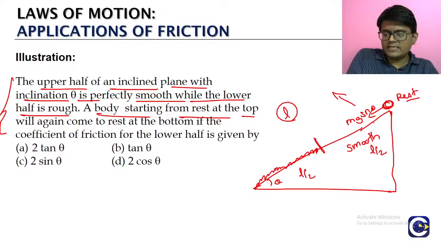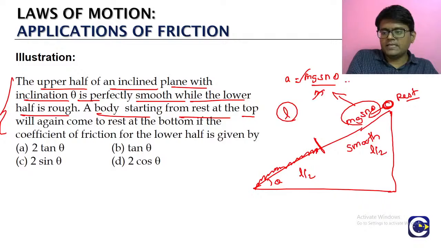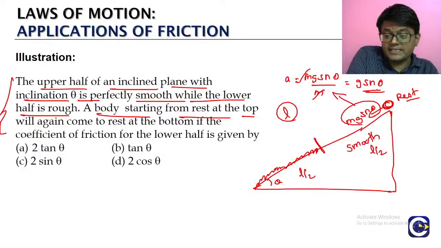The force is mg sin theta, so the acceleration along the plane will be force divided by mass, which is g sin theta. So it will get accelerated, meaning its velocity will keep on increasing till it comes to this point.